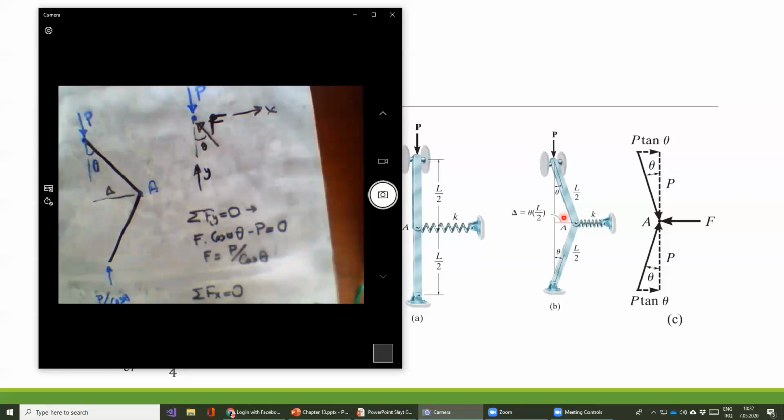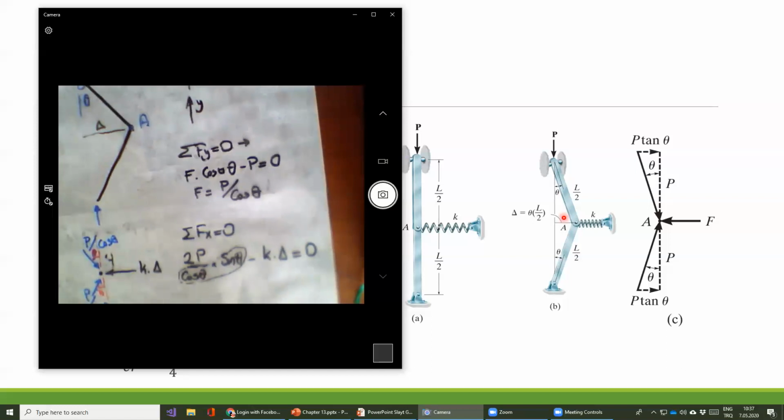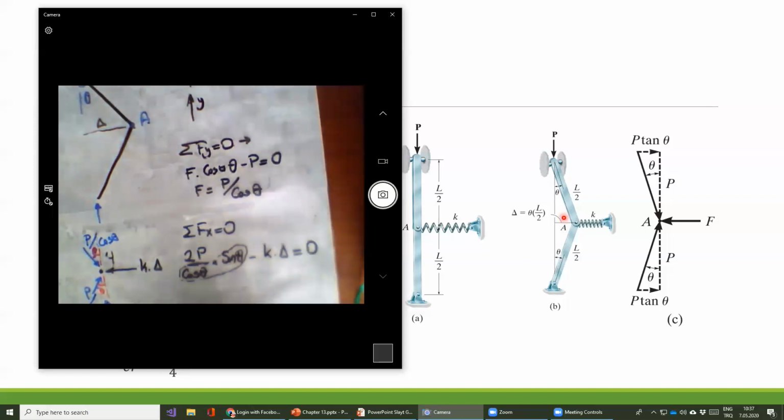So you can see sine theta over cosine theta we called as a tangent. 2P cosine theta times sine theta minus k times delta is equal to 0. So 2P tangent theta is equal to k times delta.